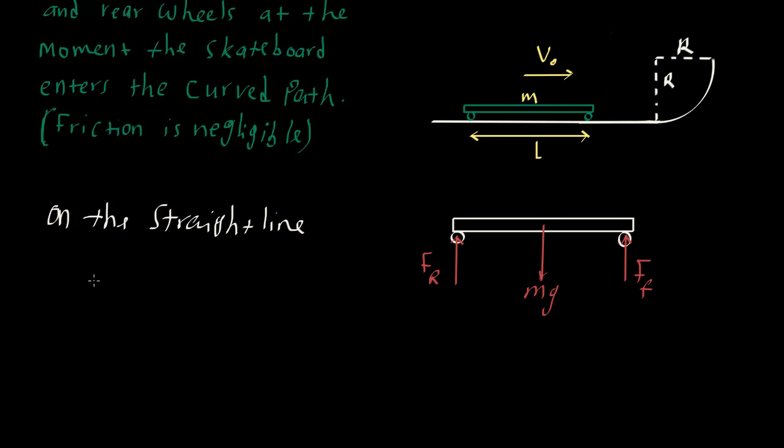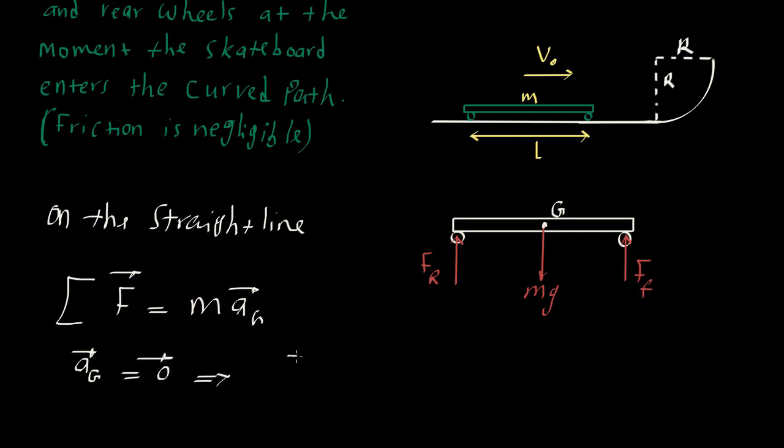So I can say that the sum of F is equal to m a_G, and by the way, G here is just the center of mass. Here a_G is equal to 0, and therefore the sum of all the forces that are acting on the skateboard is 0.